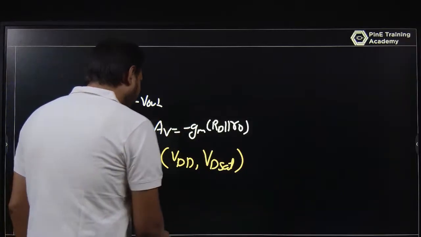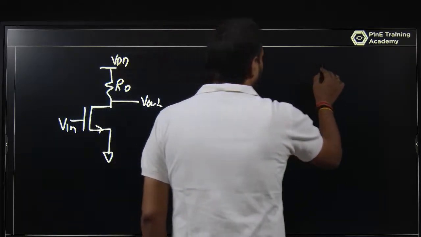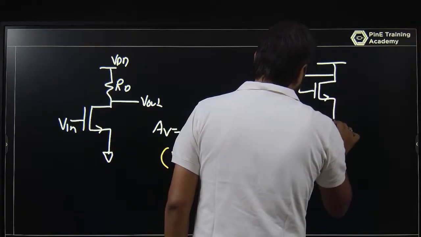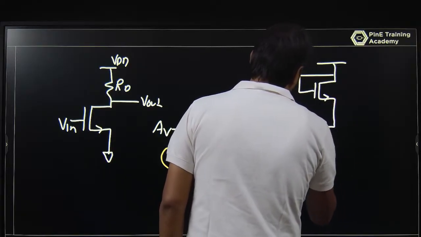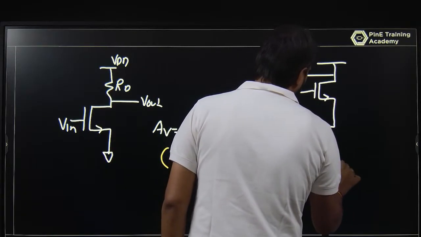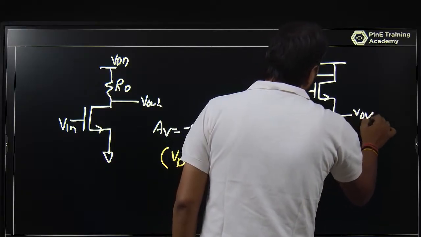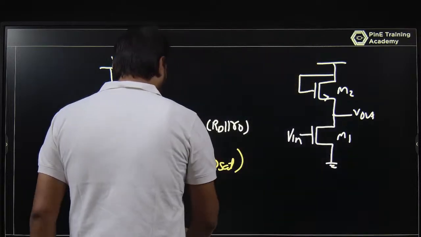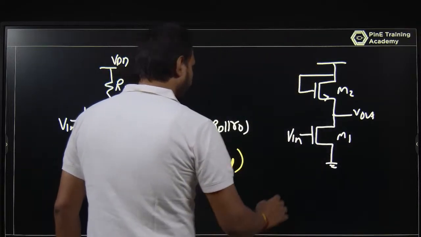Okay, and if we are using this MOSFET with a diode based load, let me use the input here and this is the output, and let this be M2 and this be M1. So now what is the gain?